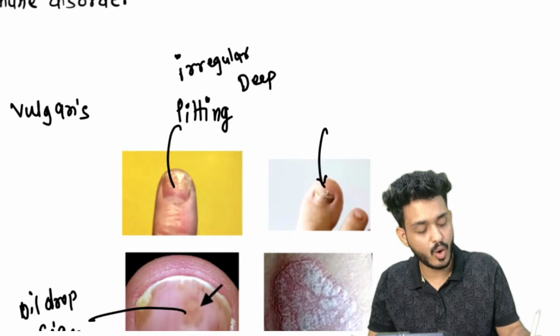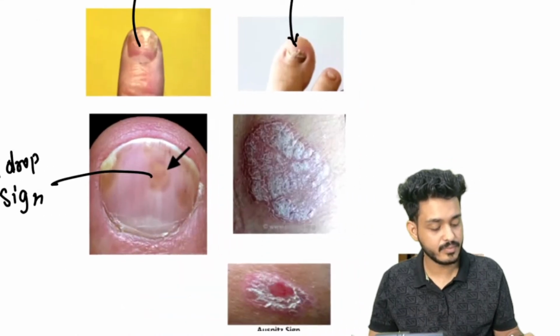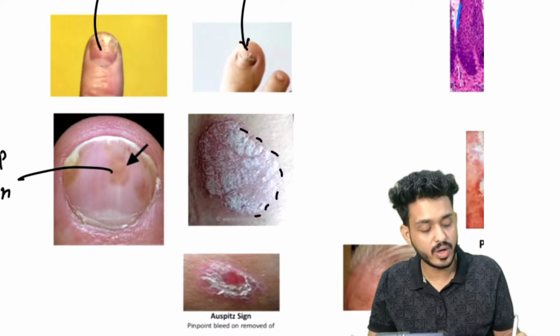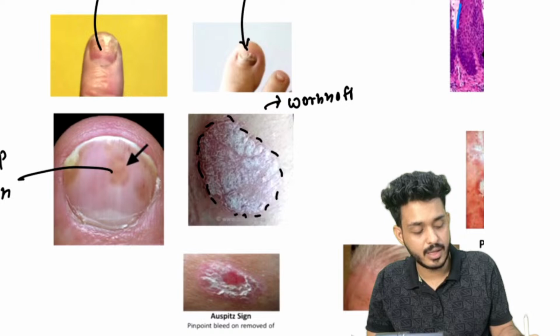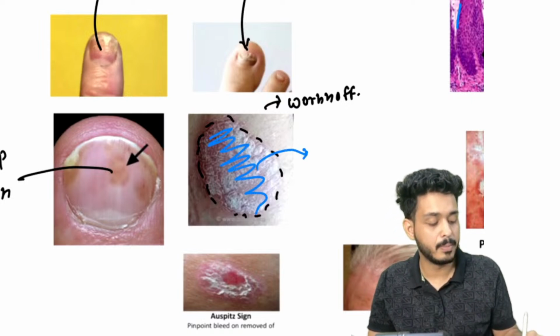This is your onycholysis. And can you see here, this particular ring is known as Woronoff ring, and the membrane above it is known as Berkeley's membrane.